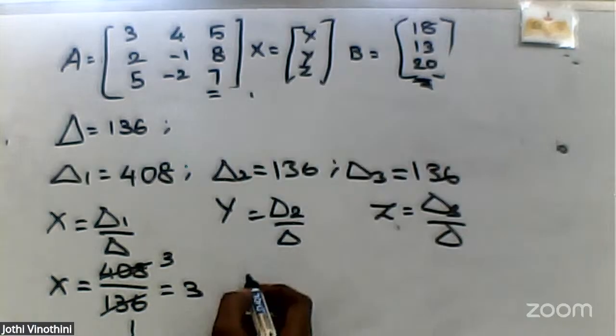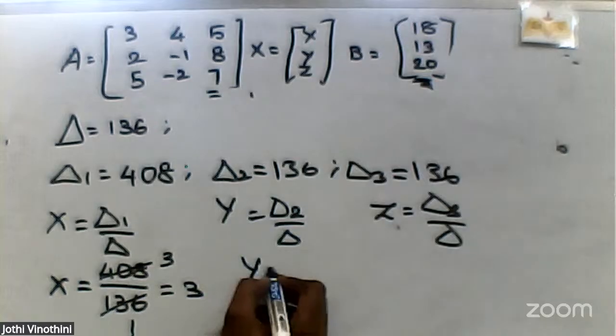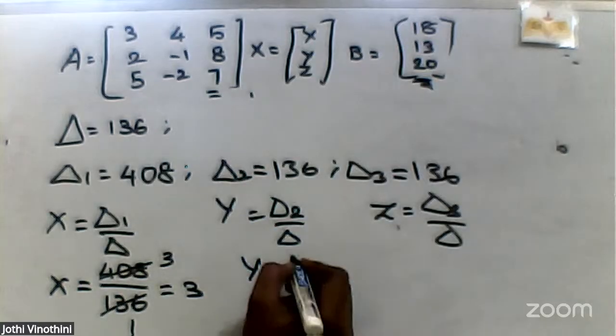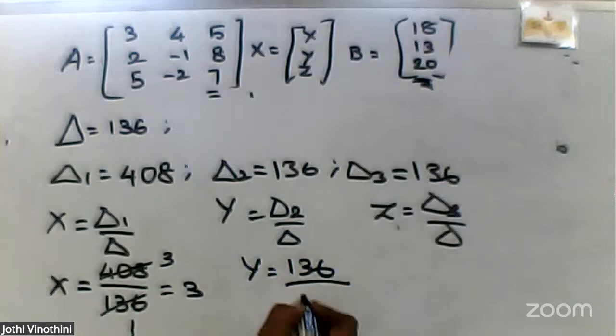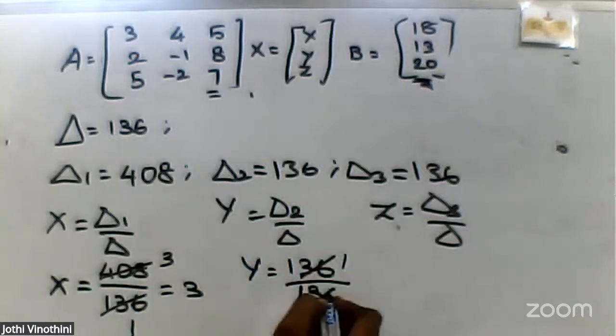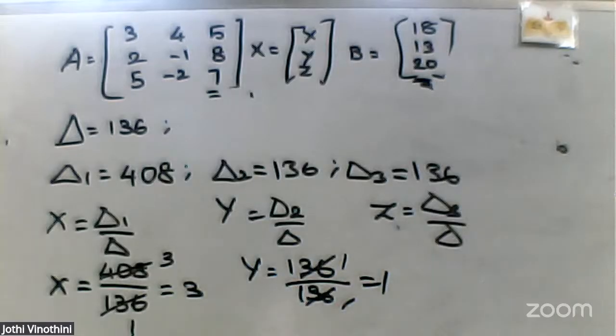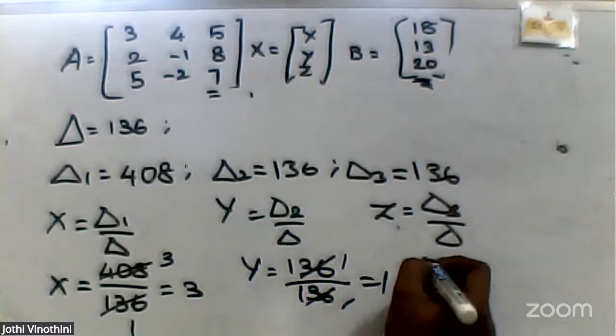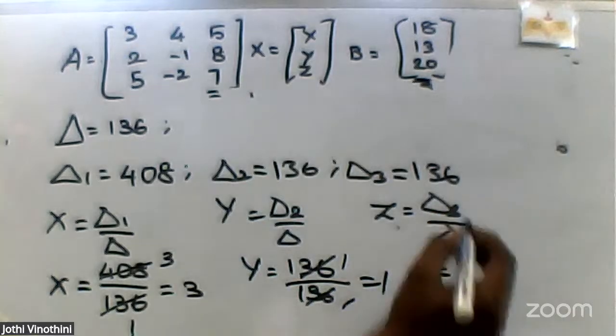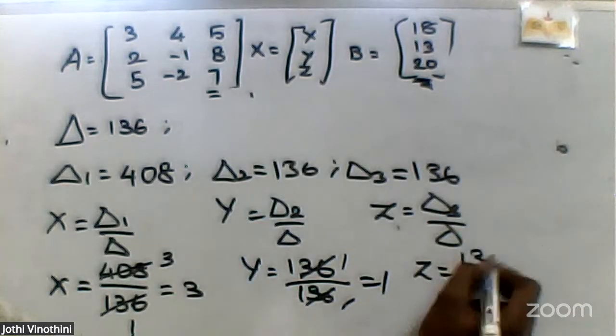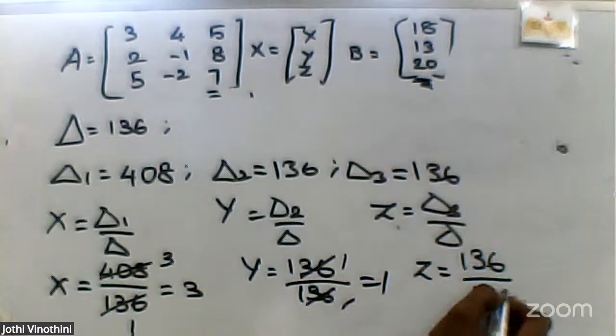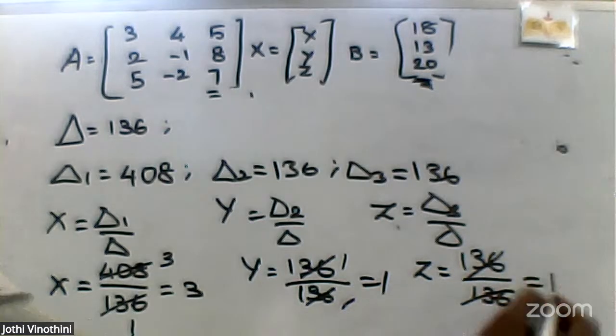Okay. So y: what is del 2? 136. What is del? 136. So 1 by 1, we will get y equals 1. And similarly z equals del 3, which is 136, divided by del, again 136. So they will get cancelled, which equals 1.